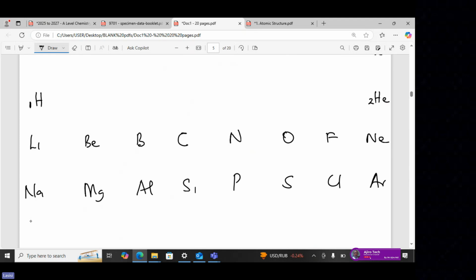Potassium, calcium. I want to write the atomic number in red now.